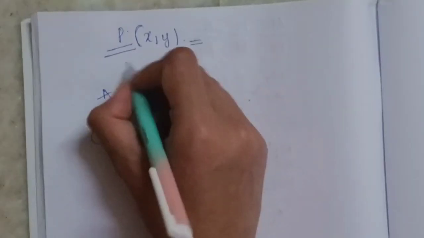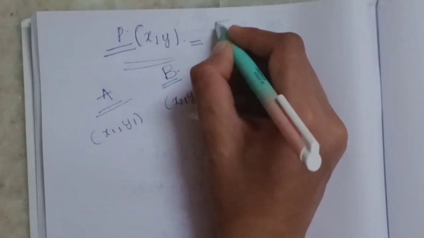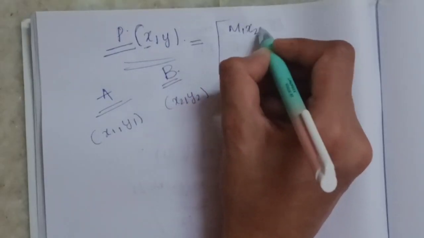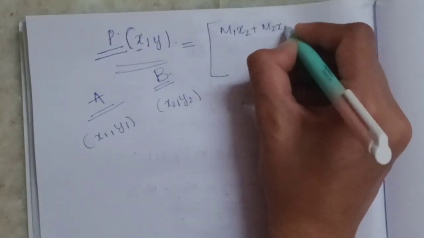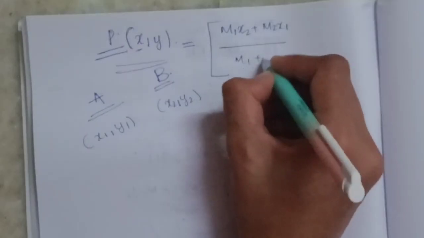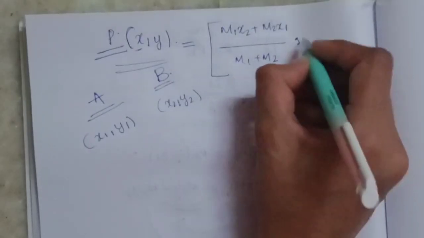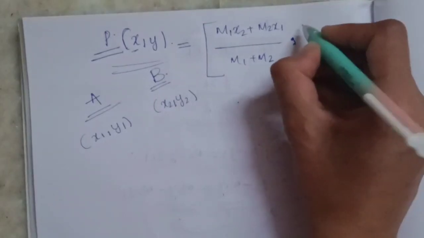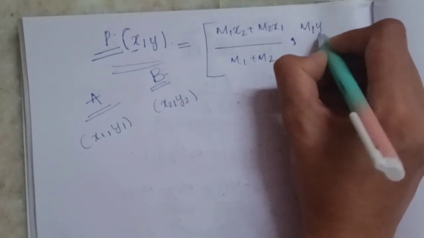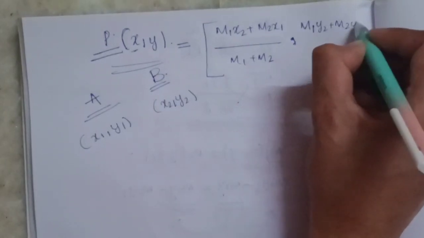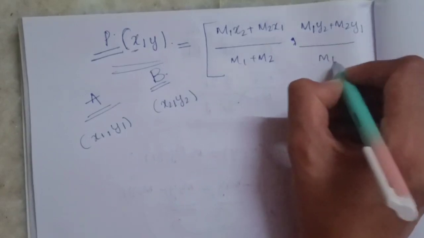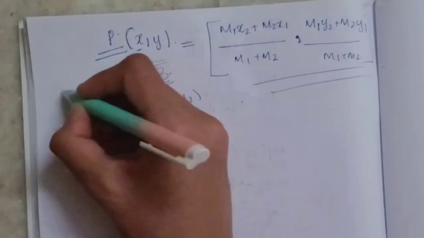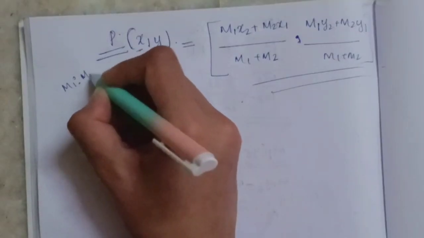This point P is equal to what we got: the x value, m1 x2 plus m2 x1 by m1 plus m2, and the same for the y coordinate, m1 y2 plus m2 y1 by m1 plus m2. It divides in a ratio m1 is to m2.